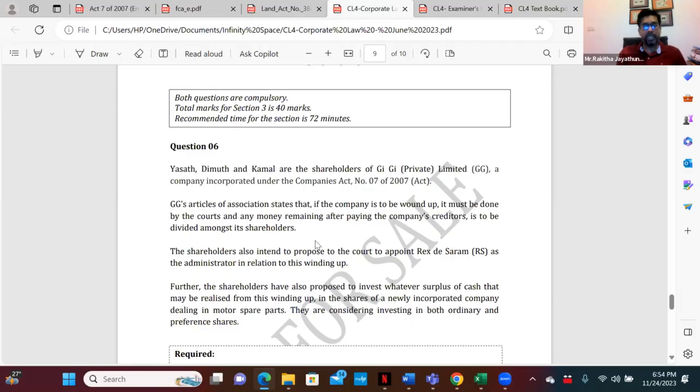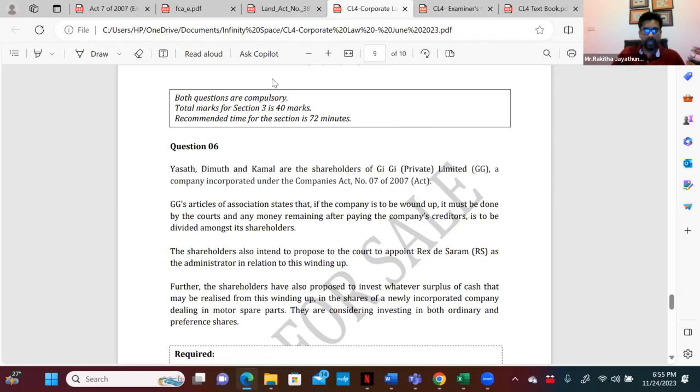GG's Articles of Association state that if the company is to be wound up, it must be done by the courts.